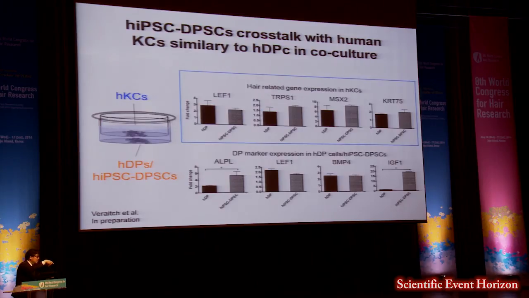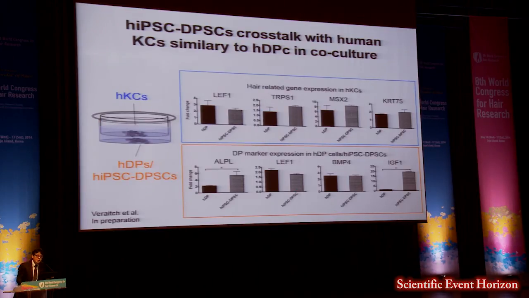And conversely, DP biomarker expression was also similarly upregulated in cultured dermal papilla cells and the iPS-derived cells. Currently, further characterization of those cell populations is in progress, and we are really expecting to package this story very, very shortly.